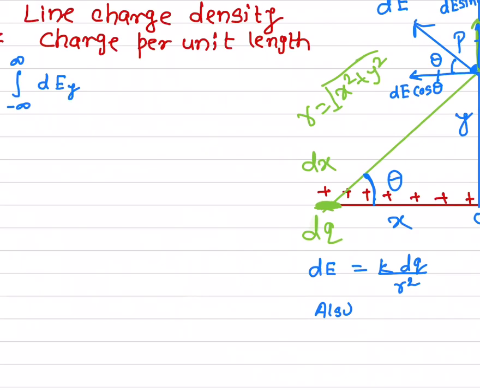And also, if you look into this triangle, the sine theta from this triangle is given by y over r, which is y over the square root of x squared plus y squared.